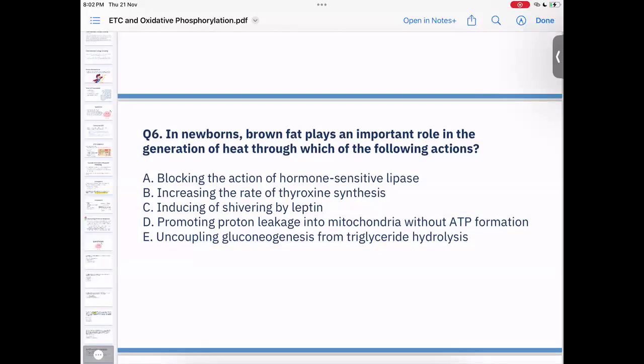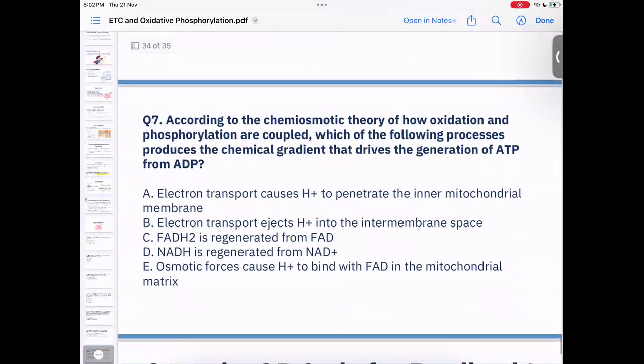So someone said D. Yes, that's correct. MashaAllah, you guys are getting them all correct.